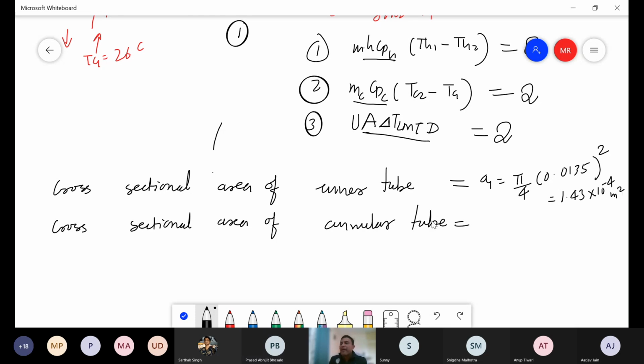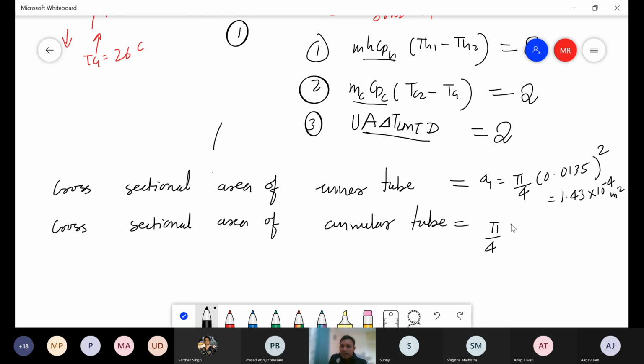Now the cross-sectional area of the annular region. What will be the cross-sectional area of the annular region? It is the area of the outer pipe minus the outside area of the inner pipe. So what is the area of the outer pipe? Pi by 4 times the outside diameter of the outer pipe, which, if I am not wrong, is 41 mm, isn't it?